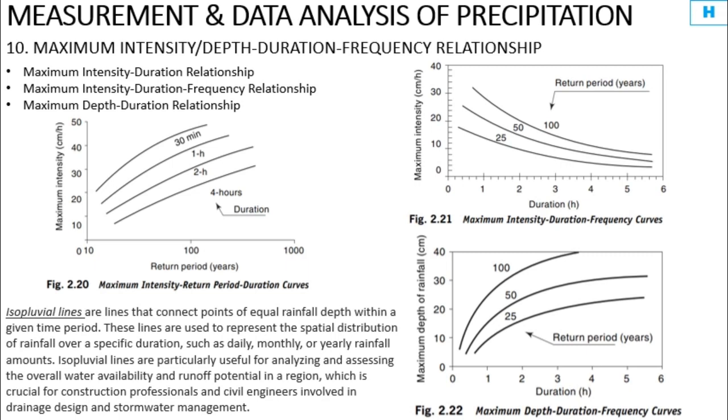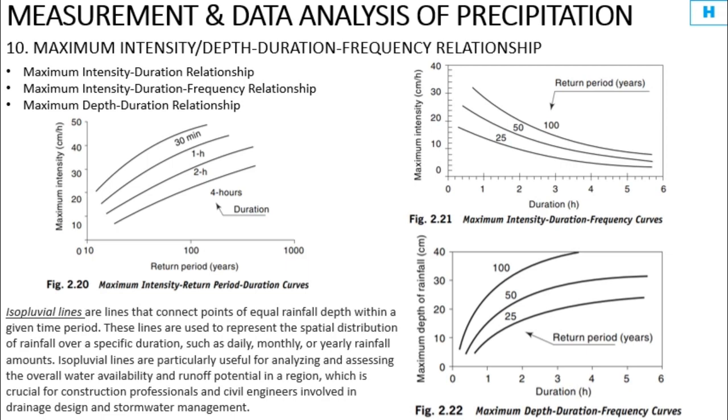Isopluvial lines are lines that connect points of equal rainfall depth within a given time period. These lines are used to represent the spatial distribution of rainfall over a specific duration such as daily, monthly, or yearly rainfall amounts. So yung isopluvial, it connects yung mga areas with same depth of rainfall. Yung isohyetal lines kanina, they connect points with equal rainfall intensity.